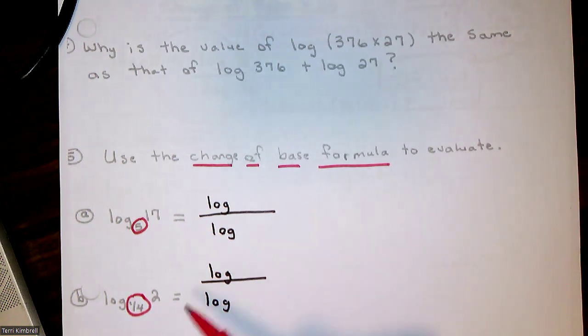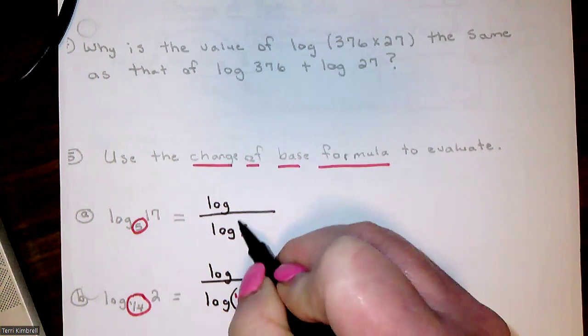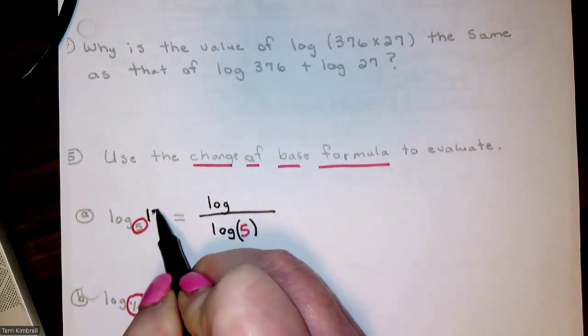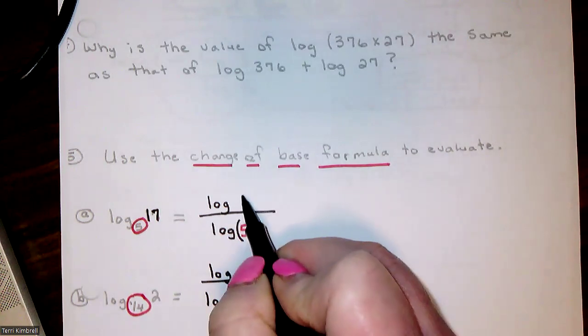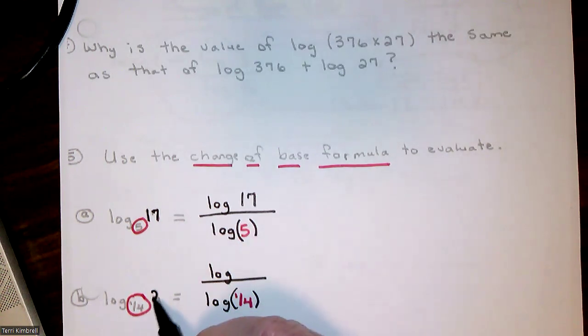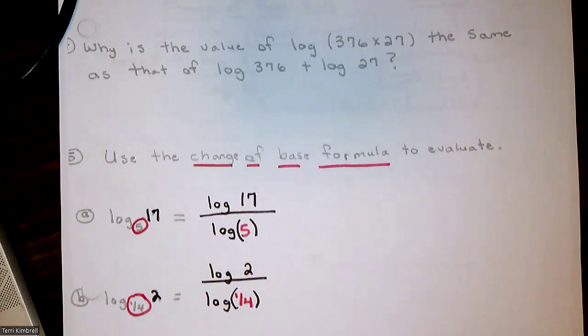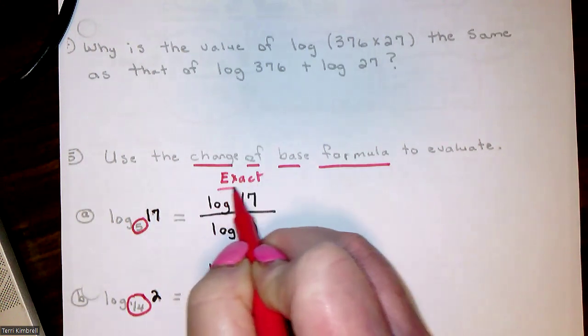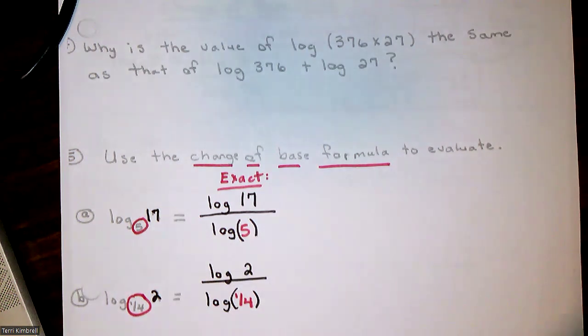And we're going to put the base of 1/4 and then this base of 5. Log of 1/4 and then log of 5. Now the other part, which is the number that is big right there, is going to be on top. And this 2 is going to be on top. So that would be your exact answer.